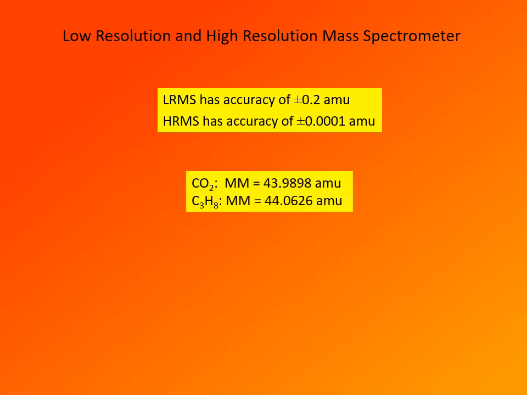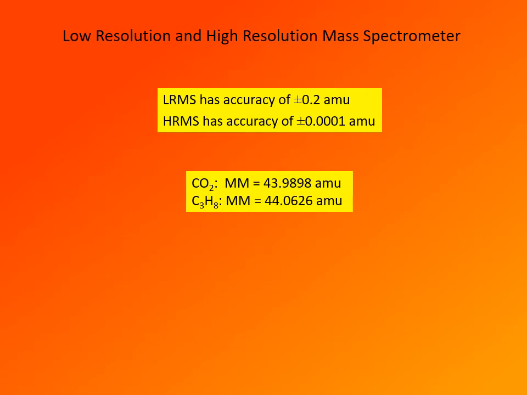And here is an example. Both carbon dioxide and propane have a molecular mass of 44. And so a low-resolution mass spectrometer for each of these molecules would give a mass of 44. But carbon dioxide is composed of one carbon and two oxygen atoms. And the most common isotopes of carbon, 12, and oxygen, 16, give a molar mass of 43.9898 atomic mass units.